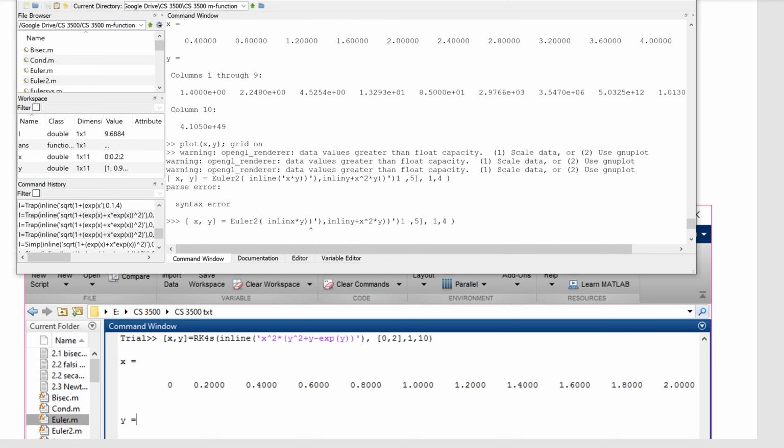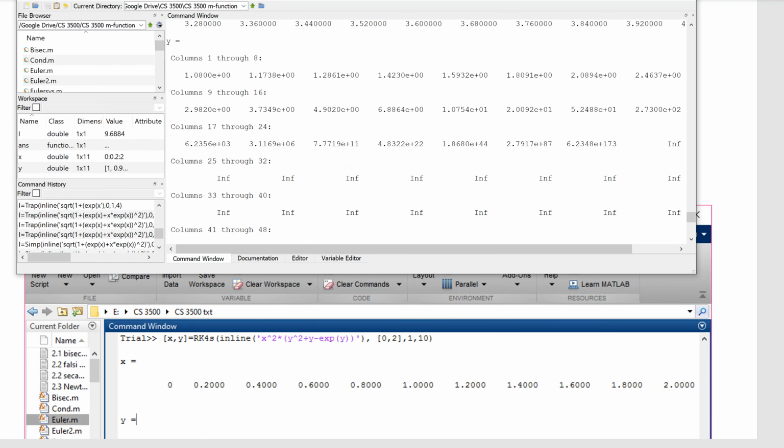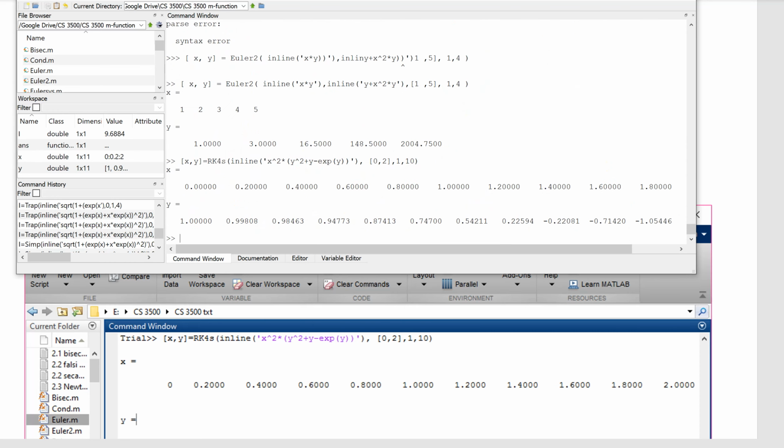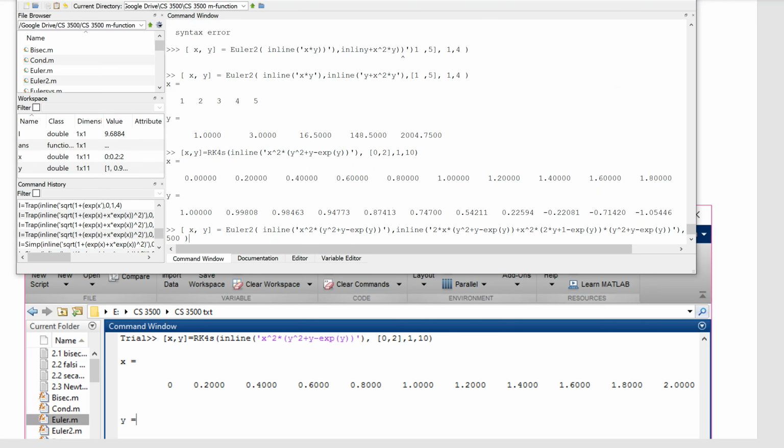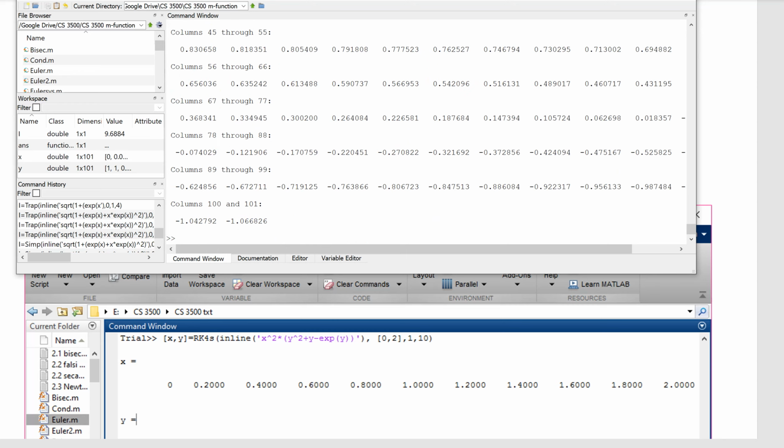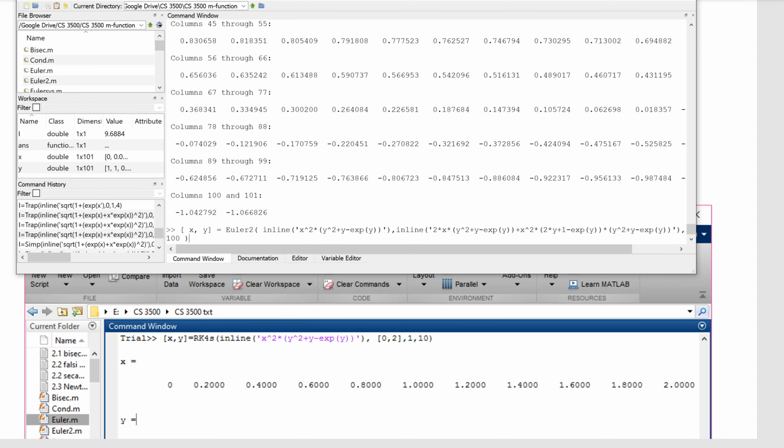And if you can remember what we had before, let me go up to show you what we had before. The Euler's 2, not this one. Okay, this is the Euler's 2 using like 100 steps. You can see close enough, right?